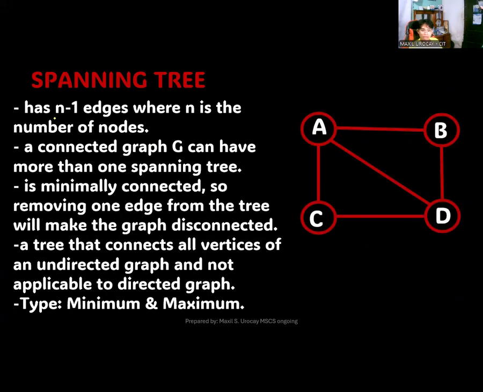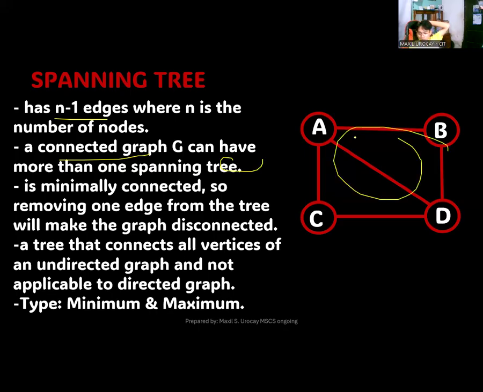Now, it has n minus 1 edges, as I mentioned, where n is the number of nodes, and it is a connected graph. So it must be a connected graph. It's not disconnected, and you cannot perform a spanning tree if there is a disconnected graph. You can have more than one spanning tree.